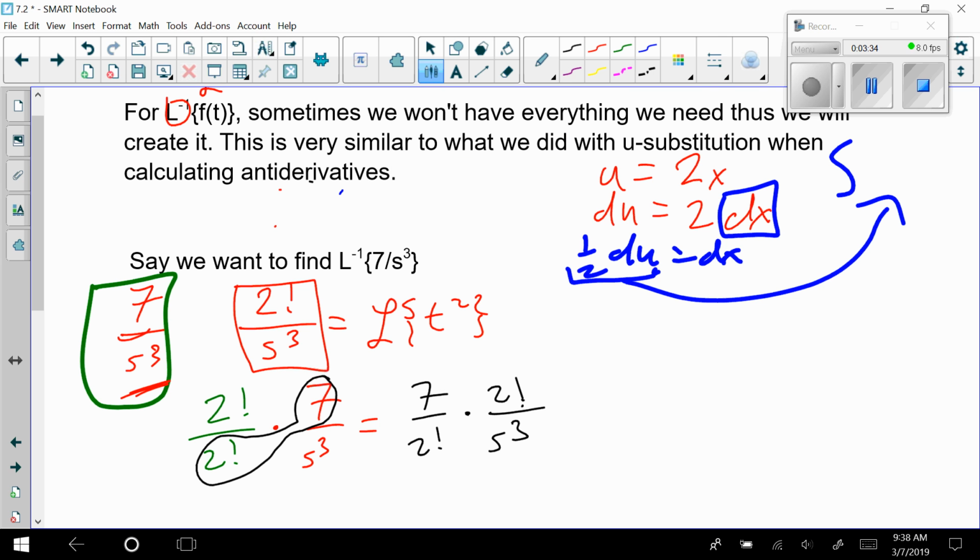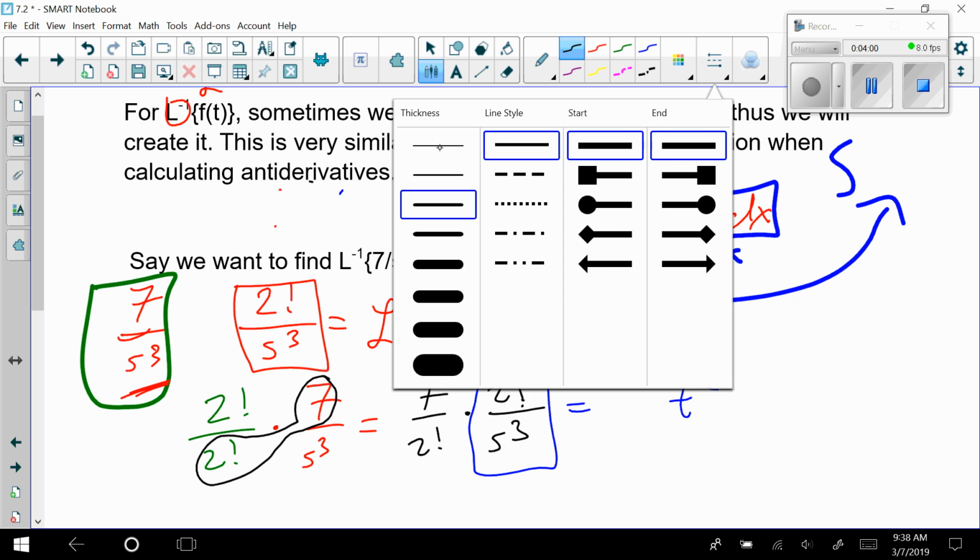If I try to break this down slowly, I know the Laplace transform is this, but I'm taking the inverse. Going backwards, the thing I just boxed in blue would be t squared. What would be left?